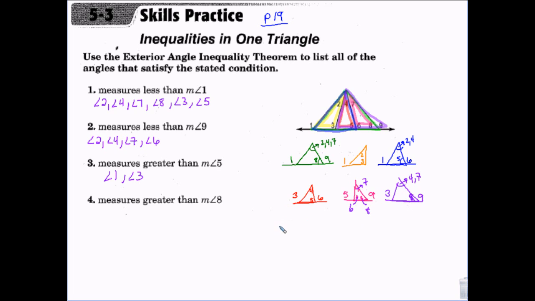And that's it. And then I do the same thing for angle 8. So I have 1, 2, 3 triangles where I have to consider angle 8. And I have 1, 2, 3 external angles on those. So angle 1, angle 5, and angle 3.